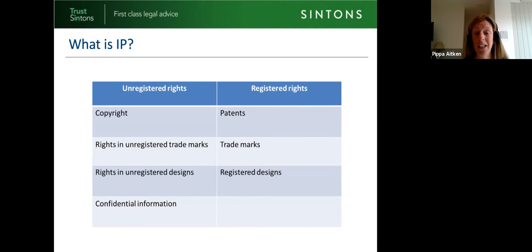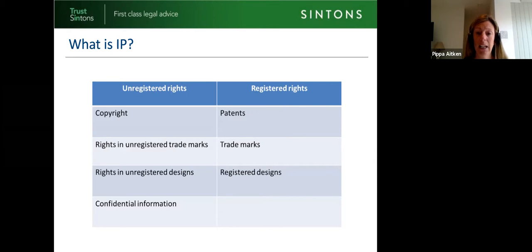So firstly, you need to identify what intellectual property you actually have and understand the difference between all the different rights. On this slide, I've just set out the main types of intellectual property rights you might come across. On the left-hand side, there are unregistered rights, which are copyright, unregistered trademarks, unregistered designs, and confidential information.